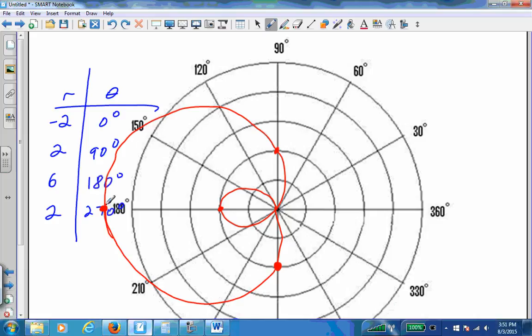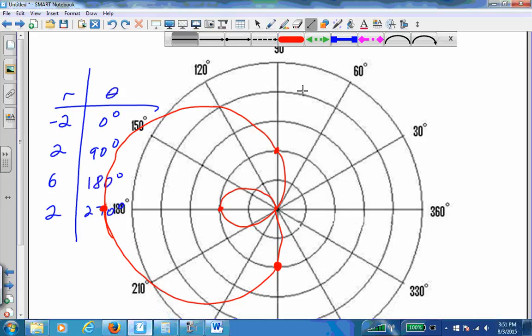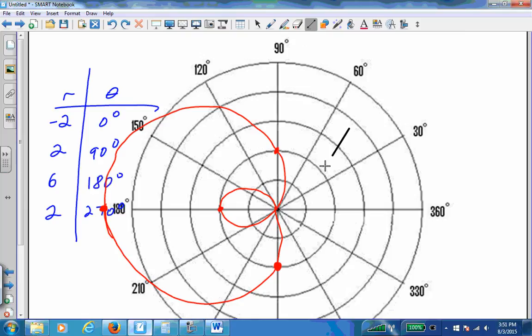So when they say the inner loop, they want to find the area of this. So if we can find the polar tangency, that'll correspond to when, if we integrate from here around to here, then it's going to add up all of that area.